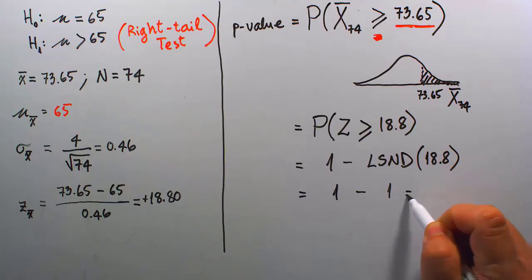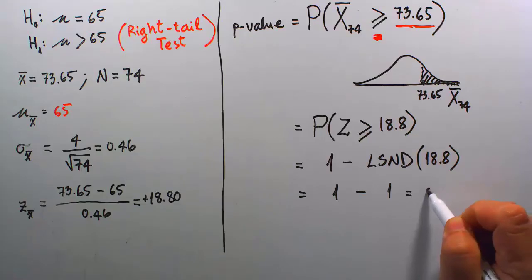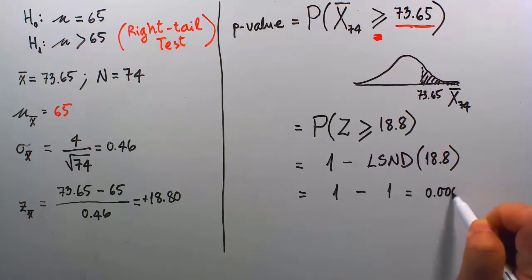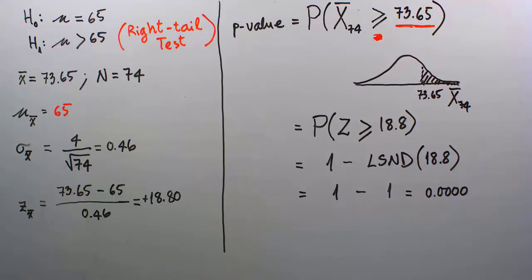And so our final p-value is 0.0000. I am introducing a value 0.0000 to indicate the fact that our final p-value is not a hard 0, but it is a value that's close enough so that even in 4 decimal places, it's still just 4 zeros here.